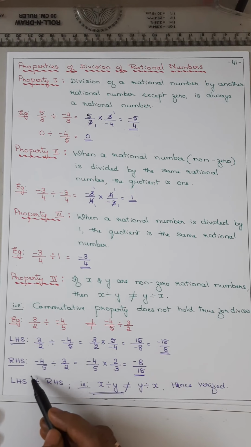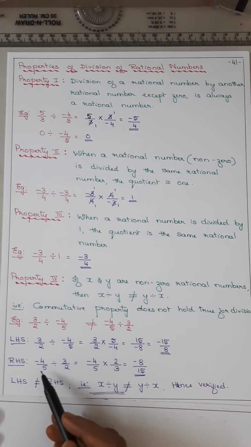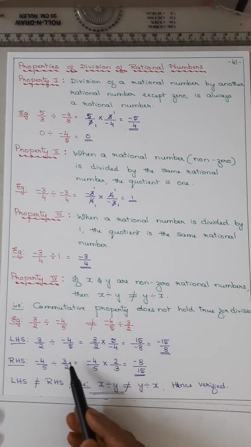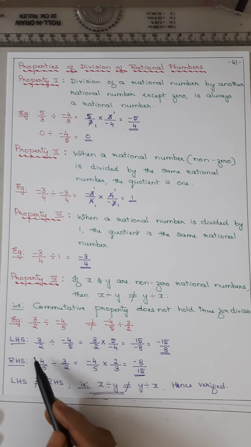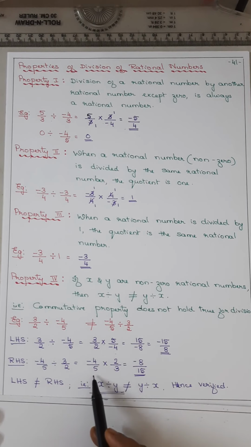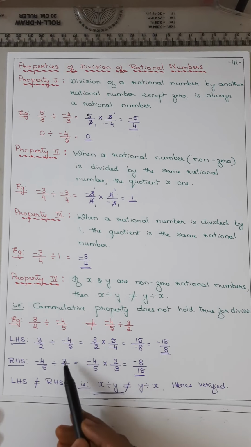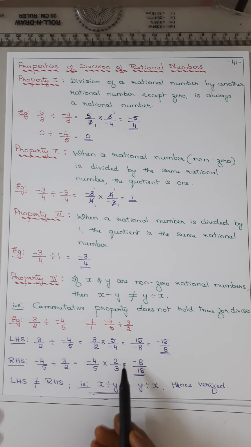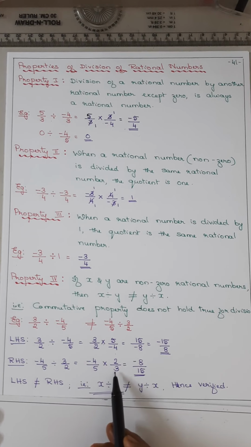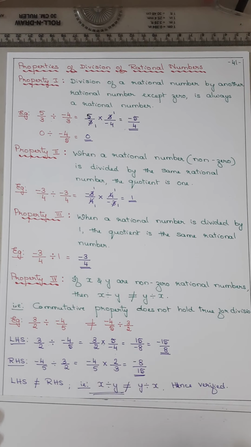Now coming to the RHS, this one, minus 4 by 5 divided by 3 by 2. So first number minus 4 by 5 as it is. Division changes to multiplication. 3 by 2, write it as 2 by 3. Now again cancellation is not there.